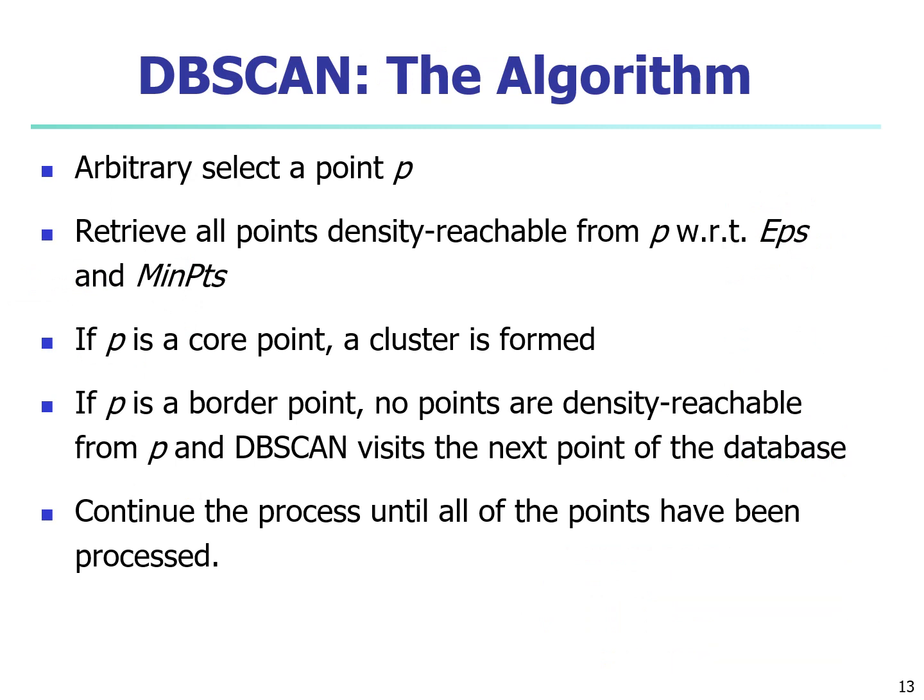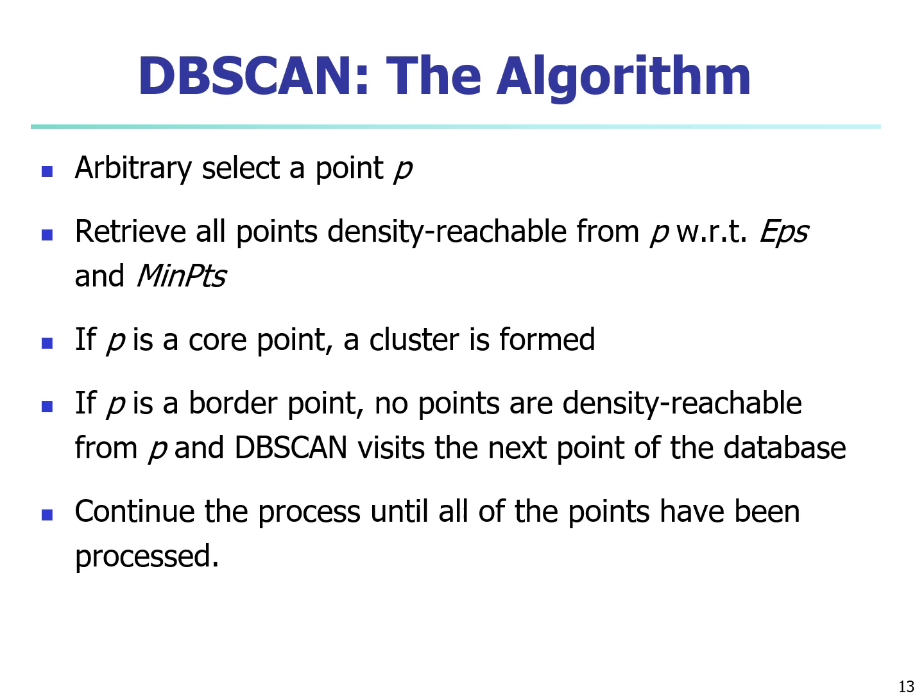Now, let's go through the steps of the algorithm. Arbitrarily select a point P. So we start by selecting a point P, and we will be retrieving all points that are density reachable from P. Of course, we will be satisfying epsilon and minimum points. If P is a core point, meaning that it satisfies the minimum points condition, then we form a cluster.